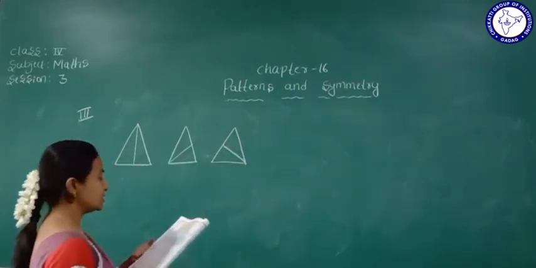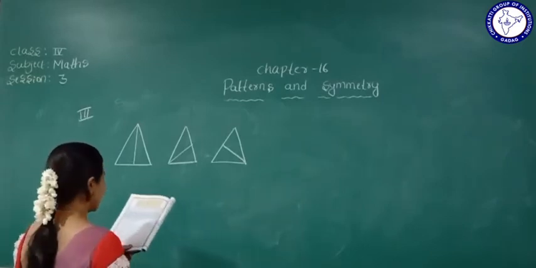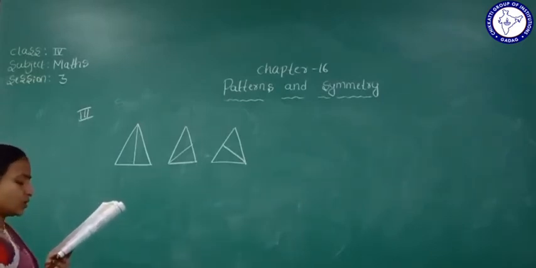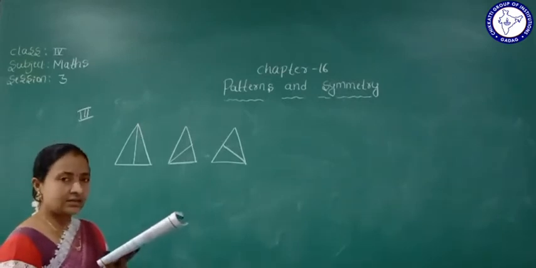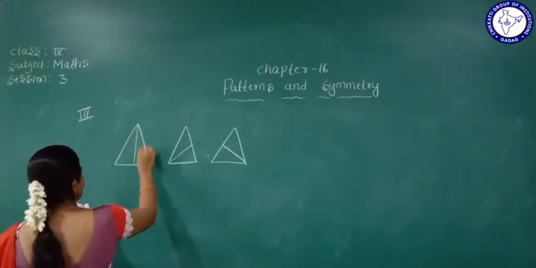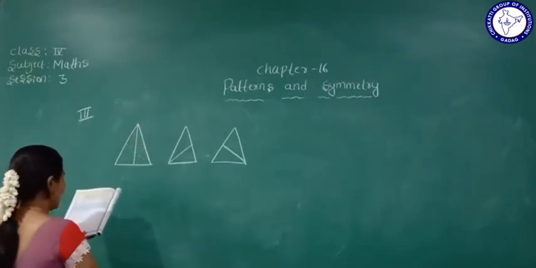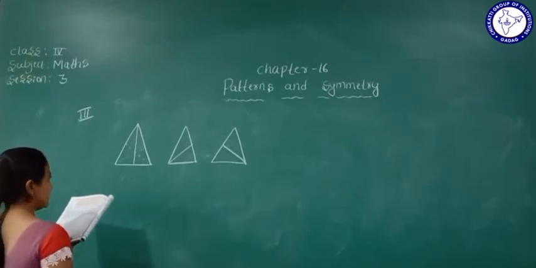Yes, so these are all triangle symmetries. And here see, there are three lines of symmetry in an equilateral triangle. So here this is also symmetry, this is also symmetry. Three lines of symmetry in an equilateral triangle.